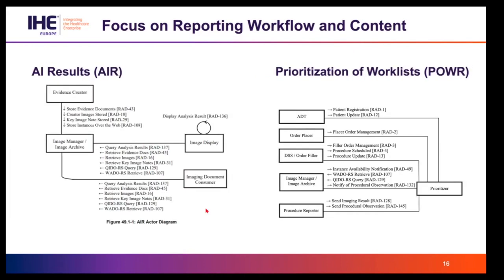And the other one is inclusion of AI results into the report, or being able to communicate AI results so they eventually can transition into the content of the diagnostic reports, and also managing the work lists for reporting.